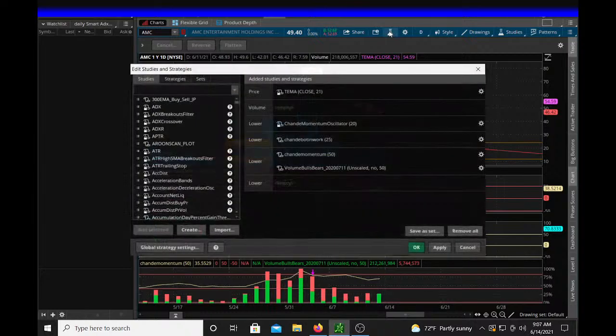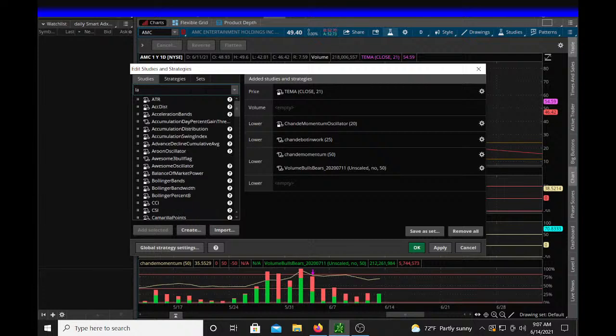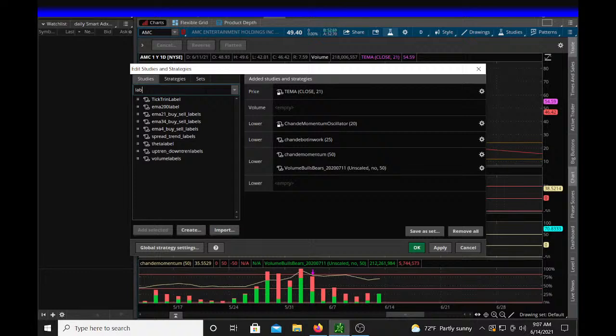Now, we need to know about our volume and what's going on, whether it's greater than the daily average. So let's pull that up. And that should be, if we just type in label here, if I can spell it right. All right, the theta label didn't work. We need our volume labels.